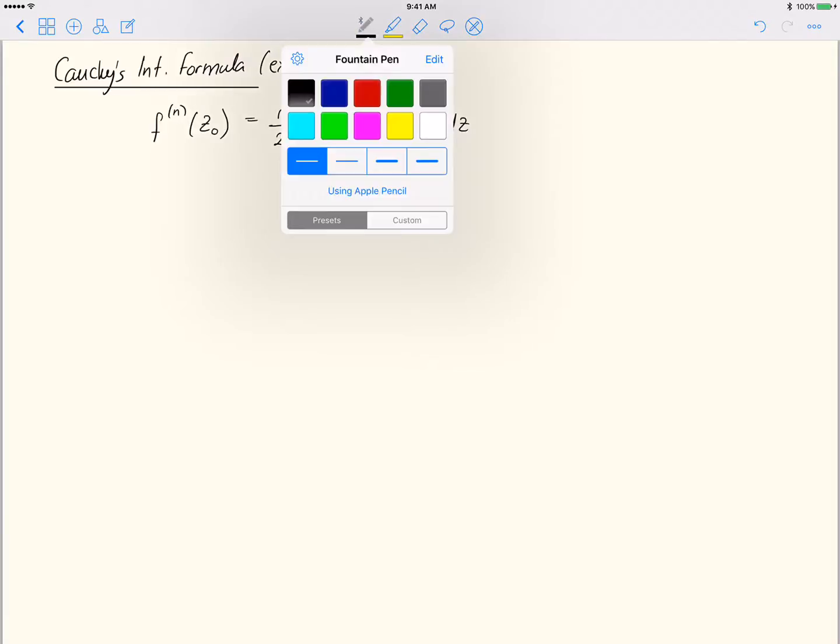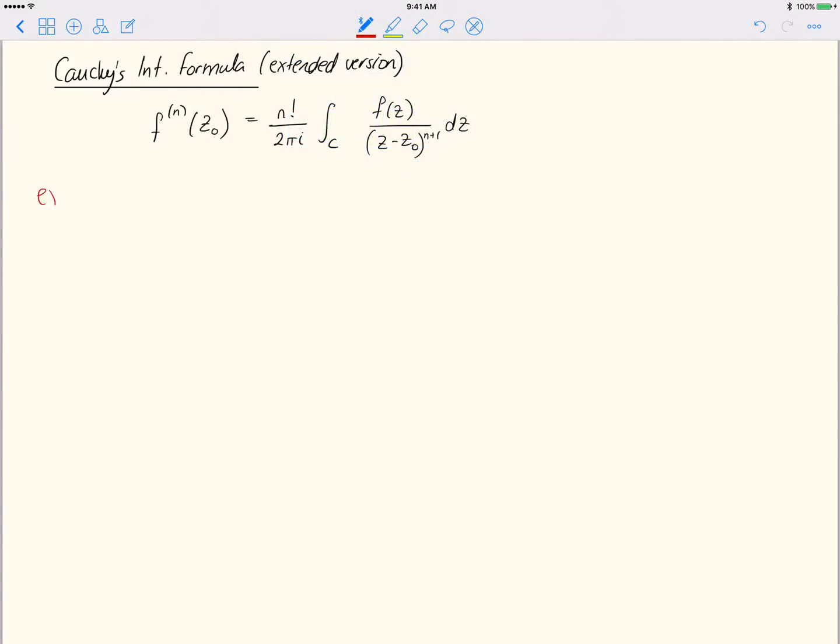So as an example, I'm going to compute the integral of sine z over z minus i cubed dz, and I'm going to take C to be the circle of radius 2, going counterclockwise or anticlockwise.